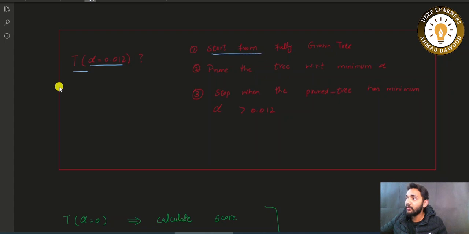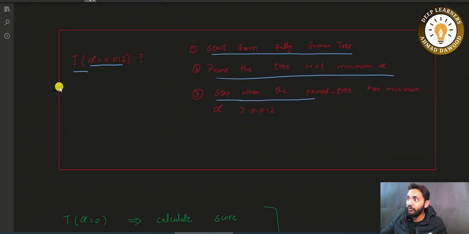First you have to start from the fully grown tree. You have to pass the data set to your tree, and without putting any restriction on the growth of the algorithm, you have to grow the whole tree. Then you will prune the tree with respect to minimum alpha, the same algorithm that we have followed. Then you have to stop your process of post pruning when the pruned tree has minimum alpha value greater than 0.012.